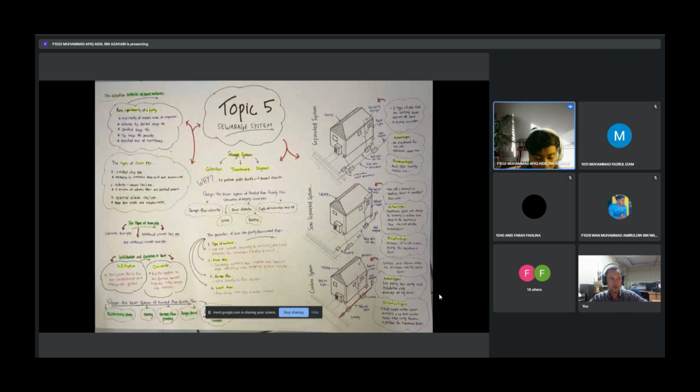Next adalah topik 5 iaitu Sewerage System. So the first one is function and significance of a sewage system. Type of sewage pipe, itu kita ada separate system, semi-separated system and combined system. Seterusnya adalah selection criteria of sewage material.